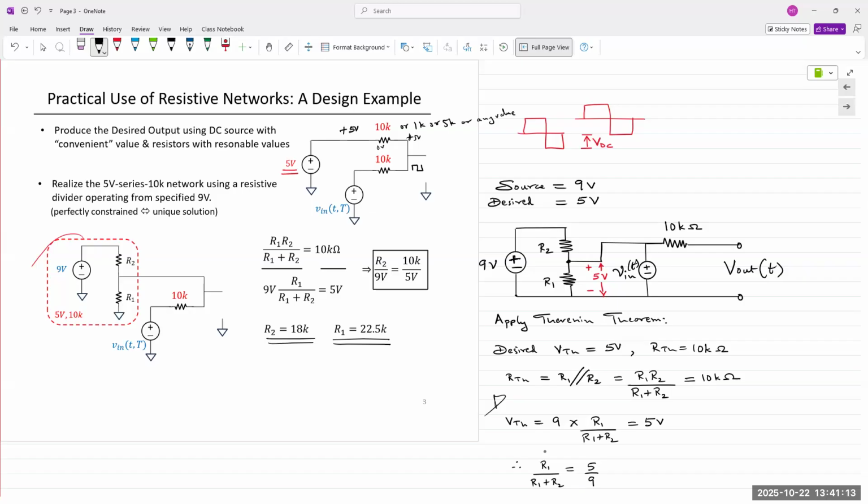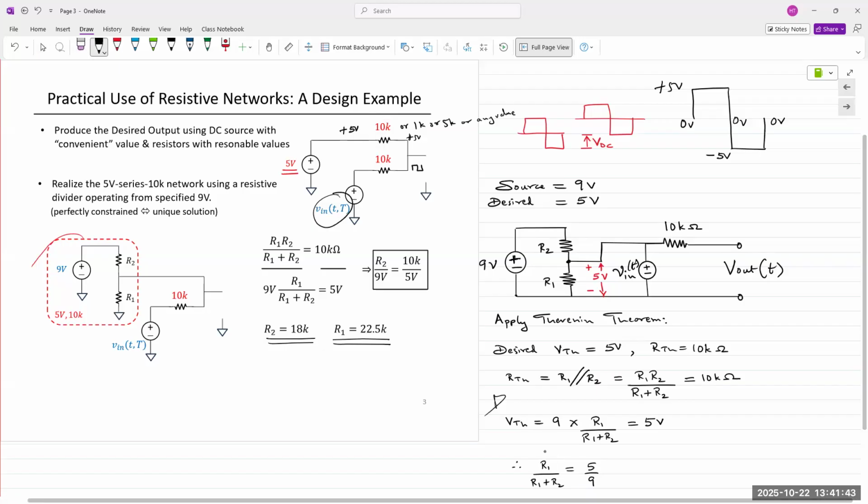Remember V in of t has this shape, right? So it goes to 0 volts, plus 5 volts, goes back down to 0 here, and then goes to minus 5. Anytime this is at plus 5 volts, current through 10K is 0. That means voltage across that upper 10K is 0 volts.